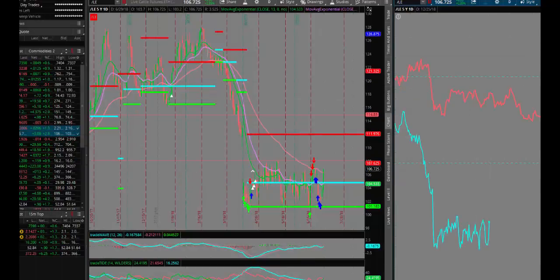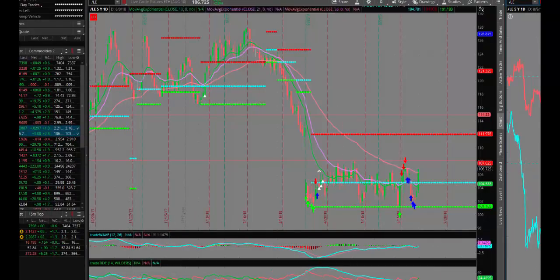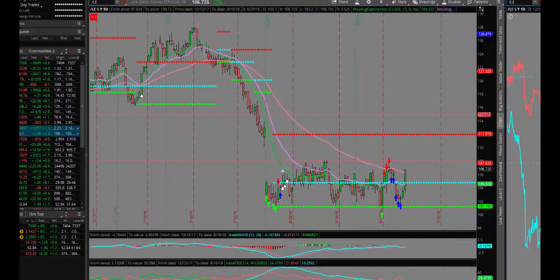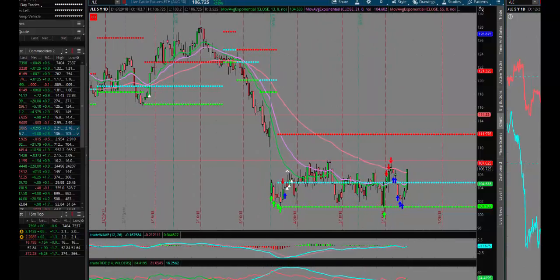So it truly is one of those bread and butter strategies. And when we see a high probability setup such as the 1, 2, 3 coupled with basic technical analysis and seasonality, that is called putting the odds on your side.